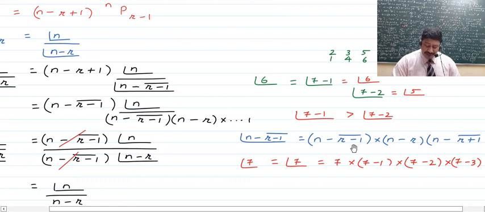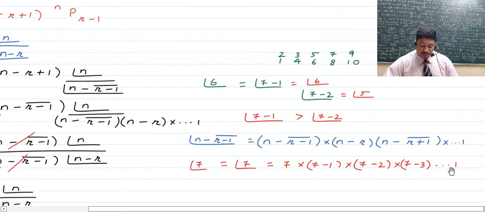And now we need to write the next lesser number in the set of natural numbers. As you've seen, for factorial 7 the largest number is 7, the next lesser number is 7 minus 1, then 7 minus 2, then 7 minus 3, and all of this continues up to 1.